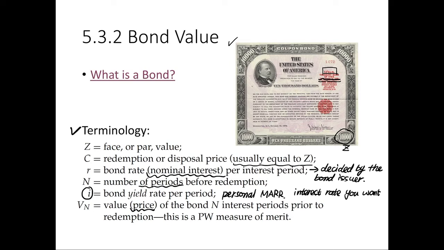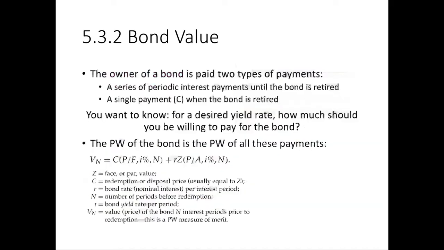So you always have a maximum price you can pay. And that price is called VN. Okay, so that's some terminology we use to describe the coupon, the bond value. Based on the description in the video, buying a bond coupon, what you can get is two types of payments from the issuer.